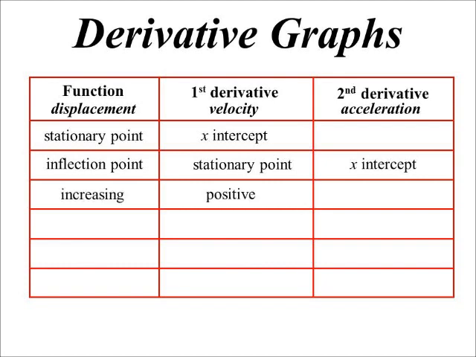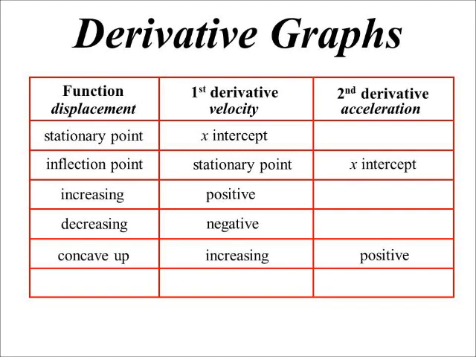If the displacement graph is increasing, well, increasing means the first derivative is positive, so we know we're above the axis. And if it's decreasing, well, then it must be below the axis. Now, if the original function or the displacement graph is concave up, well, concave up means that the second derivative would be positive.